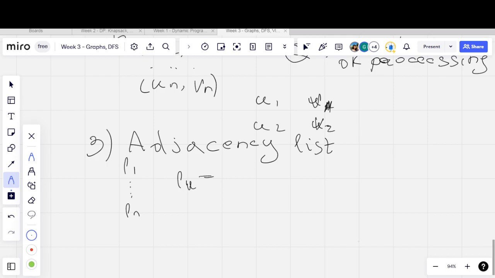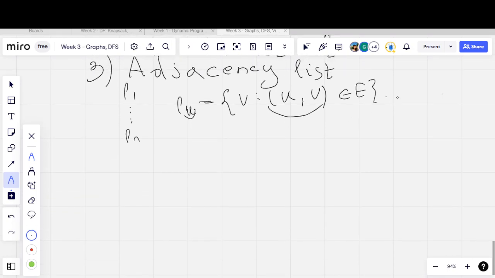We contain pairs, and we can get an edge by vertex. We can get the vertices that are reached from some vertex in the list.